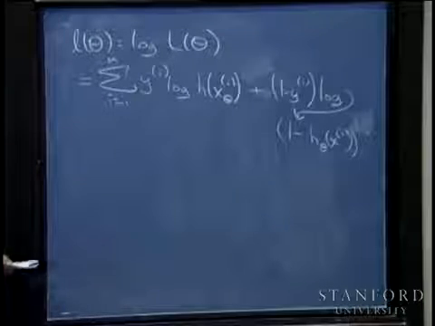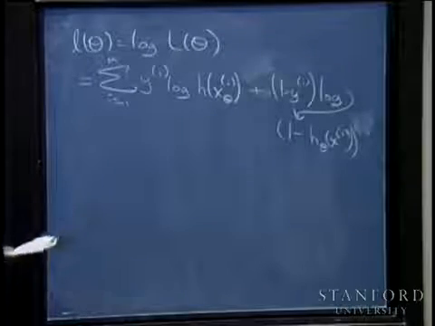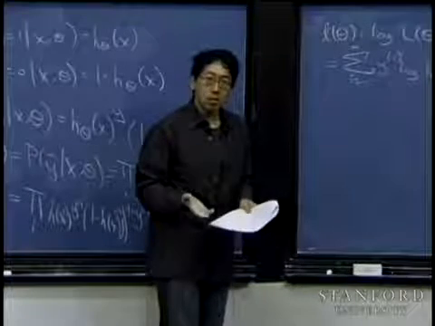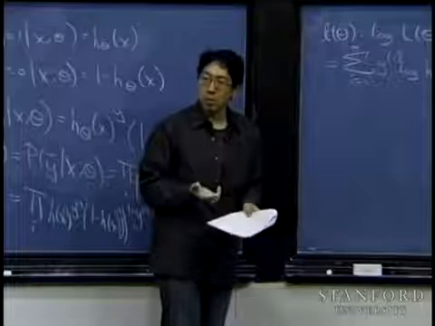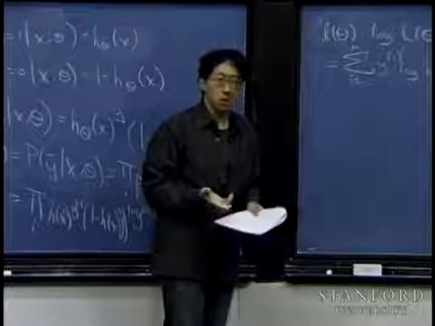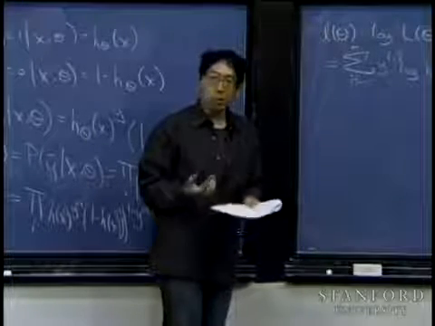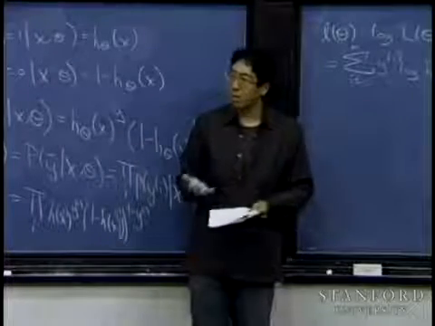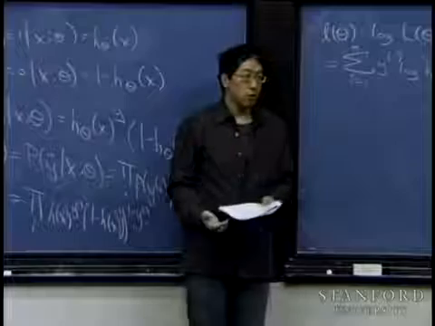So how do you maximize this function? Well, it turns out we can apply the same gradient descent algorithm that we learned. That was the first algorithm we used to minimize the quadratic function. Remember, when we talked about least squares, the first algorithm we used to minimize the quadratic error function was gradient descent.